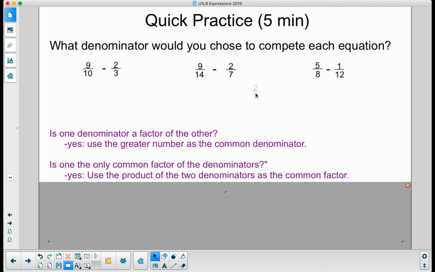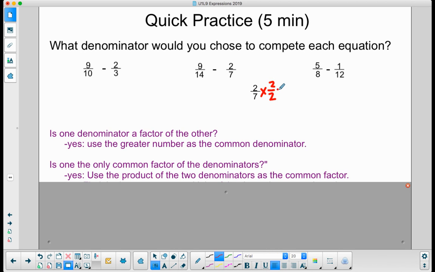I would pull 2 7ths off somewhere, and say what times 7 is 14? It's 2. So I'm going to be making my pieces 2 times smaller, so I need 2 times as many, multiplying by 1. And that gives me 4 14ths.